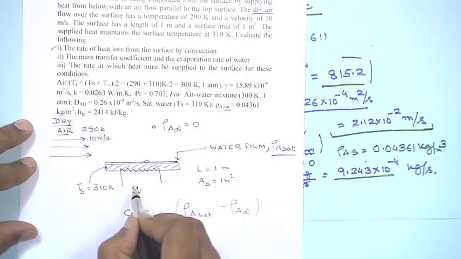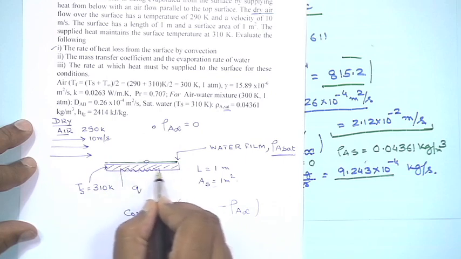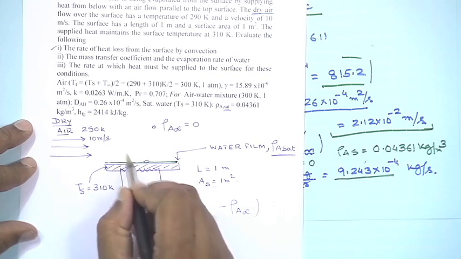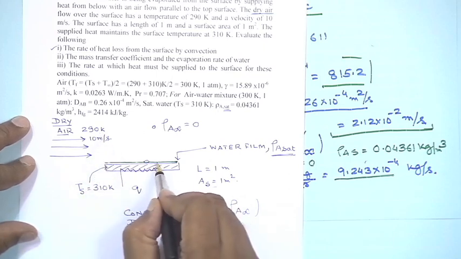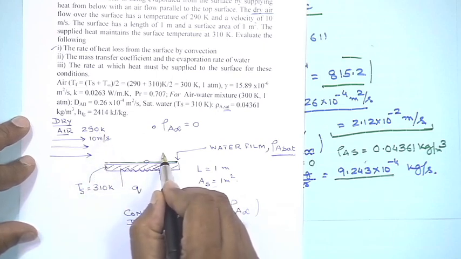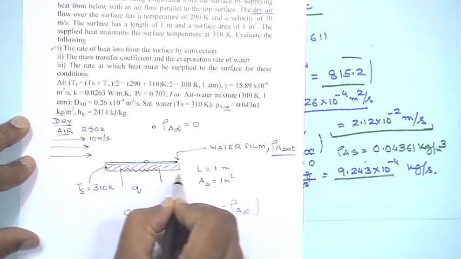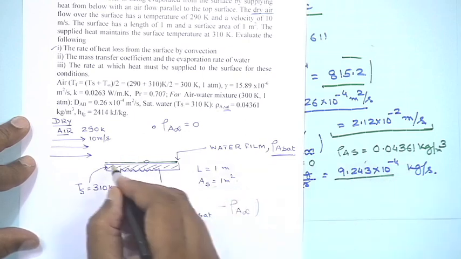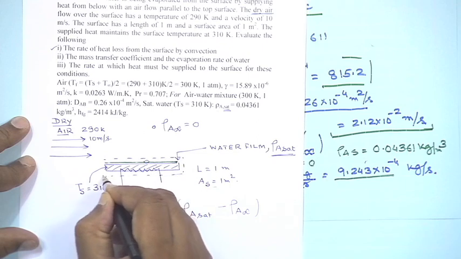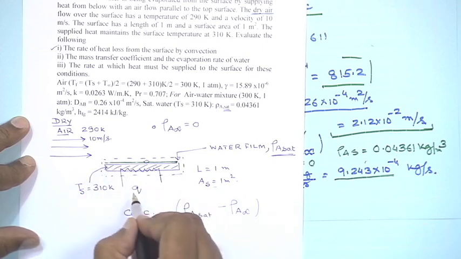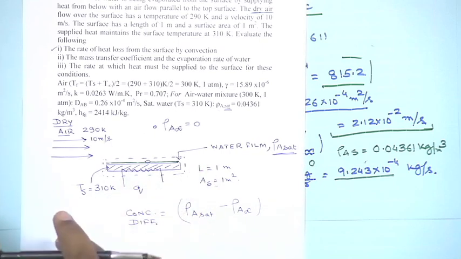So, what is Q which needs to be supplied to the solid substrate, which is in contact with flowing air at a different temperature, as well as a film of water which gets evaporated. If I think of this entire thing as my control volume, it would be heat in minus heat out must be equal to 0.